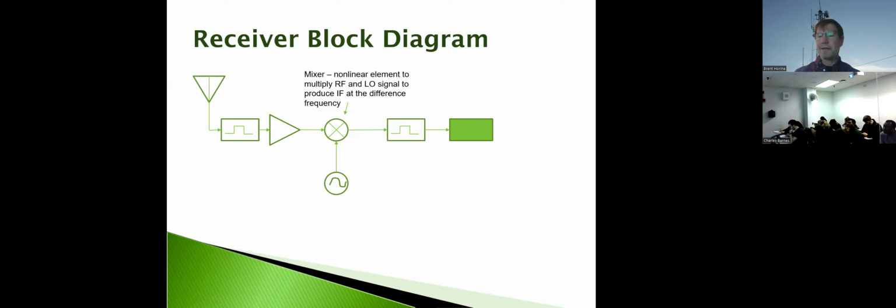multiply together. And if you work through your trig identities, you figure out that the output of this nonlinear device will be the original signals, but also, if you look in the frequency domain, you will see signals at the difference frequencies between these two and the sum frequencies of these two, right?